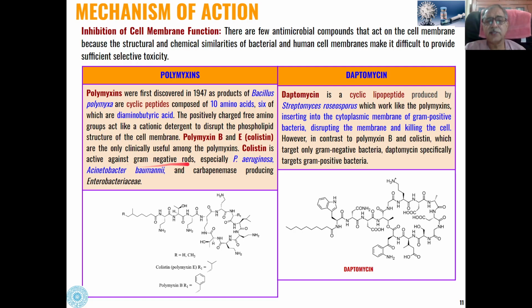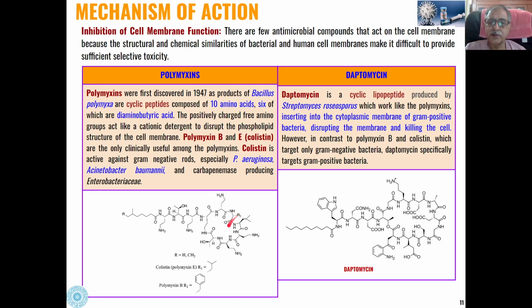Colistin is active against gram-negative rods, especially Pseudomonas aeruginosa, then Acinetobacter baumannii, then carbapenemase producing Enterobacteriaceae. This is the structure of colistin and polymyxin B. In both cases, this substitution R may be H or methyl, whereas in polymyxin B and E, this R1 is different.